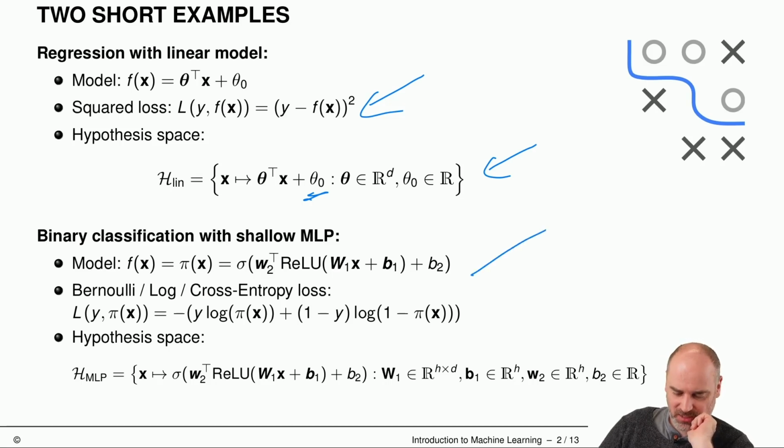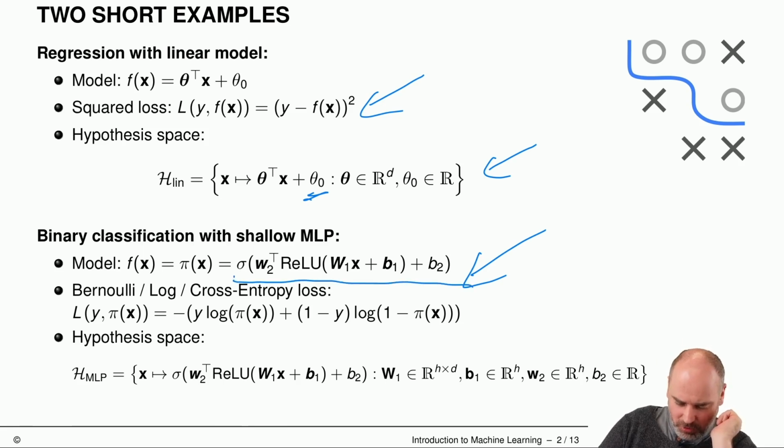And here's a second pretty common example. So our model might be a multi-layer perceptron. So here, this would be a neural network with one hidden layer, chosen as an arbitrary example, with rectified linear units as activation function. And we would maybe use something like cross-entropy loss to optimize that.